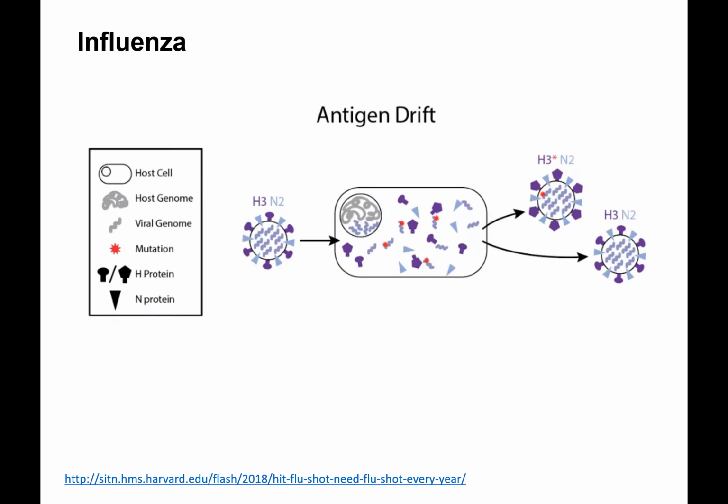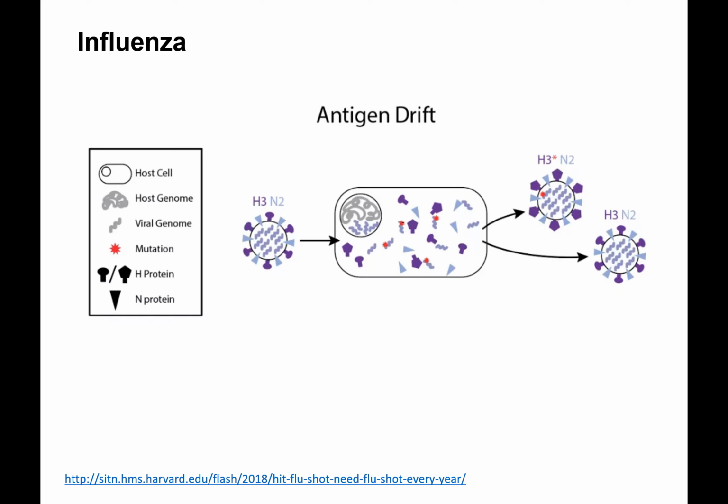Influenza is an RNA virus, and like most RNA viruses, it can mutate. We call this antigenic drift. You get mutations, slight changes, but not enough to make the immune response not work against it.